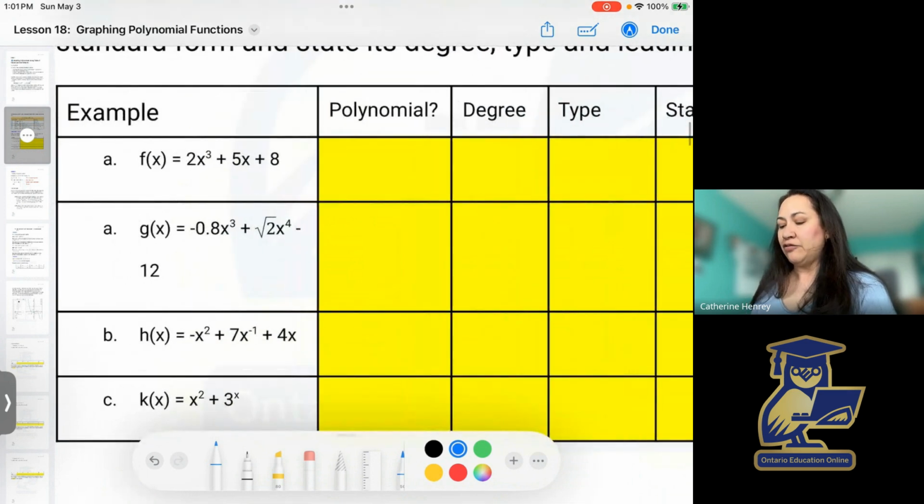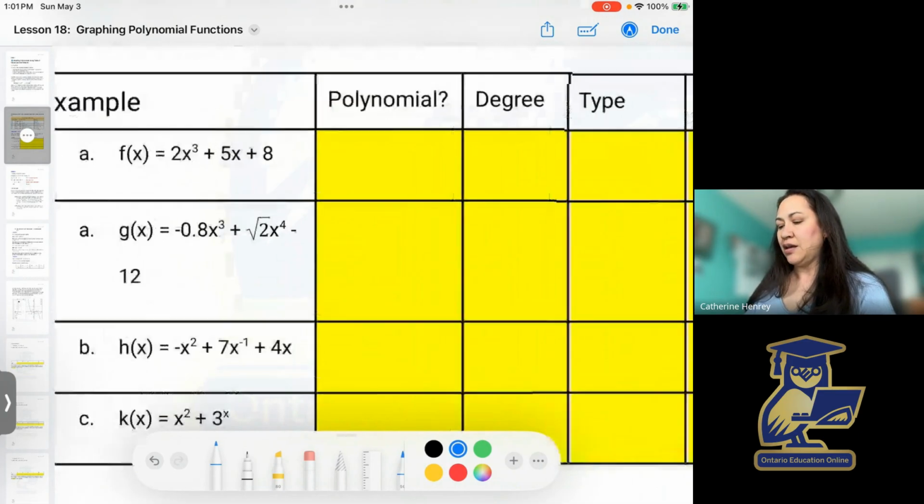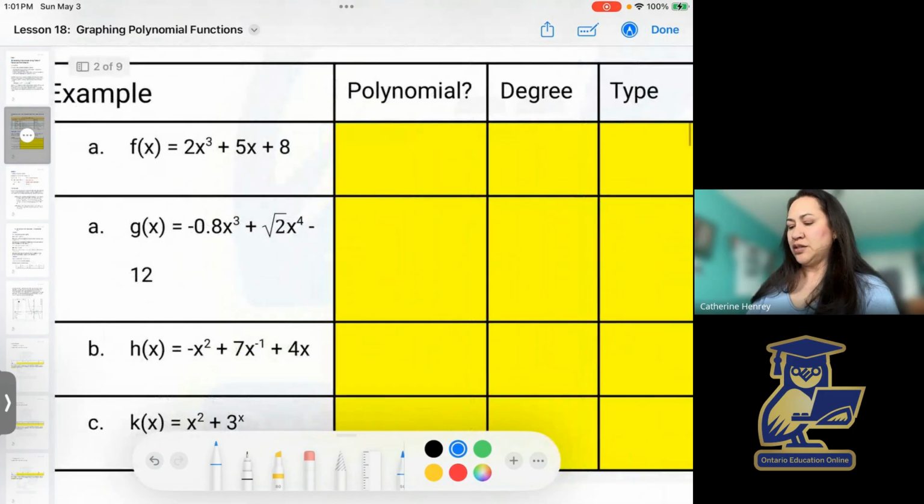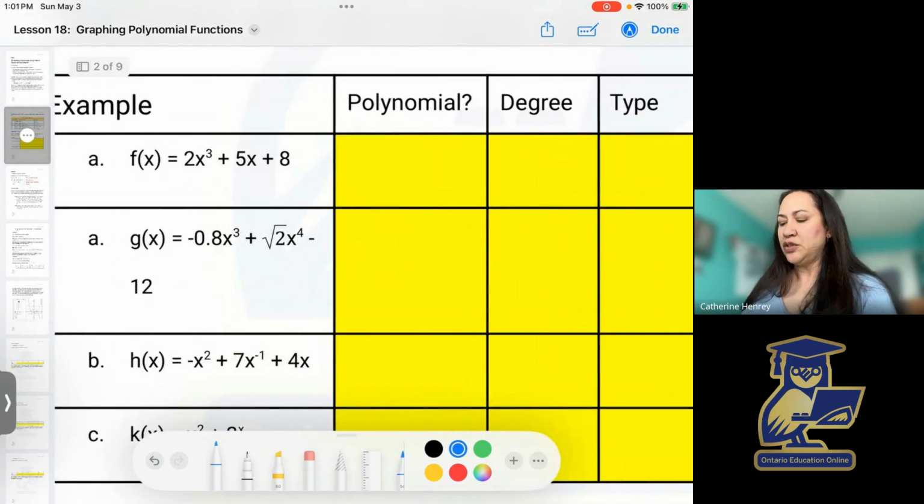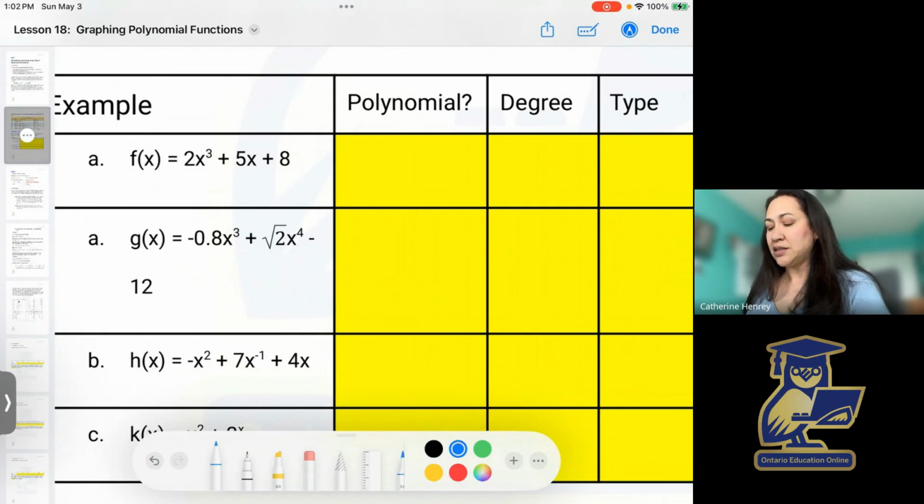We have to have an exponent that is a whole number. That is the most important. So f of x is equal to 2 times x to the power of 3 plus 5x plus 8. This is a polynomial. We don't have any other special exponents here, so this is a yes.